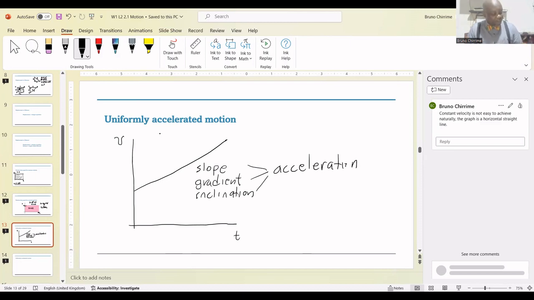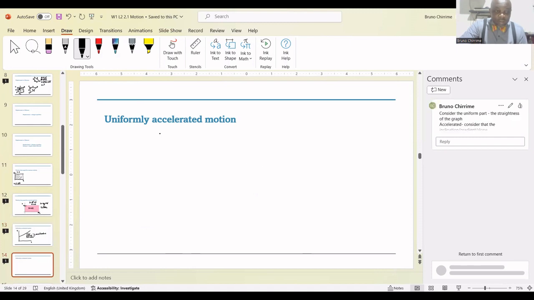We can consider how we can derive a new equation for accelerated motion, because this motion is different from constant velocity motion. Remember, in mathematics, we used to say we could calculate the gradient of a line by considering the change in y and then considering the change in x. So gradient was m, which was equal to change in y over change in x. So the amount of going up, compared to the amount of going left or right.